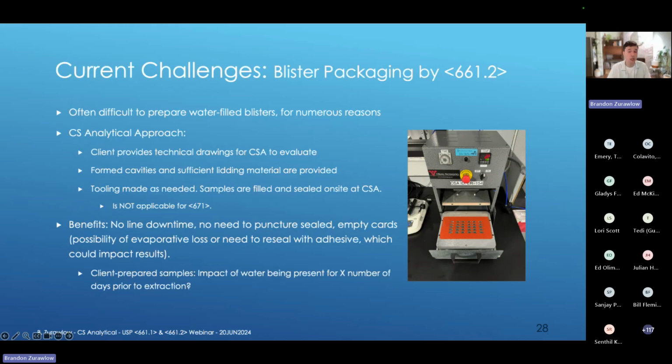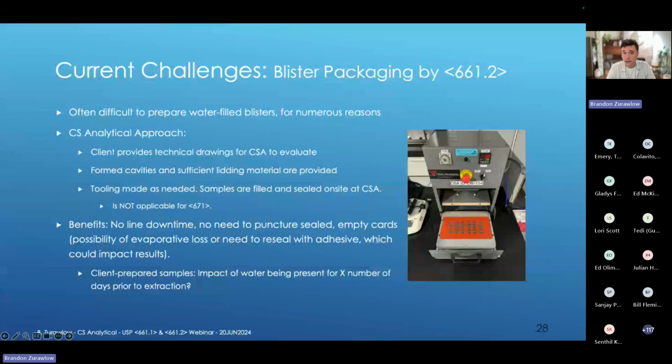Oftentimes, our clients don't want to shut down their manufacturing line or sealing line. Micropipette a controlled volume of purified water into each individual cavity on the sealing line, start back the sealing line, send it through the sealer, and hope that there's no vibration that causes water to jump out, causes issue with sealing, etc. And so the reality of it is that I have had probably one client over the past 10 years, and I've probably tested scores of different package systems over the years.